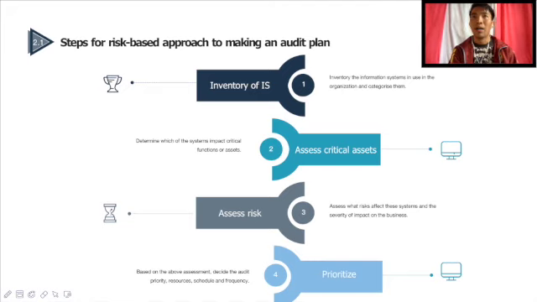Meaning, if we consider this data and looking at the severity of its impact using these information systems, will it leverage the organization, or will it just stay the same?